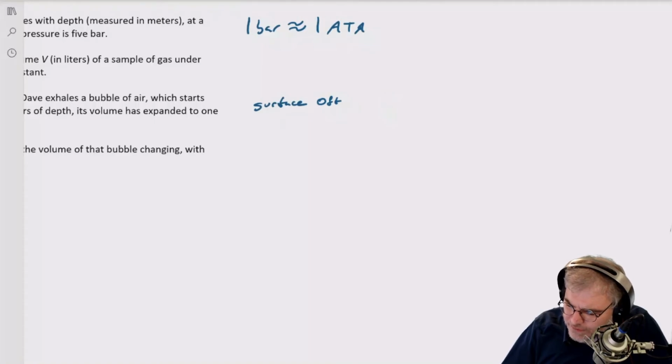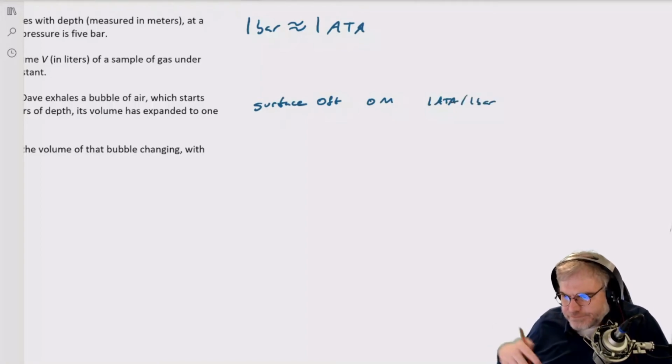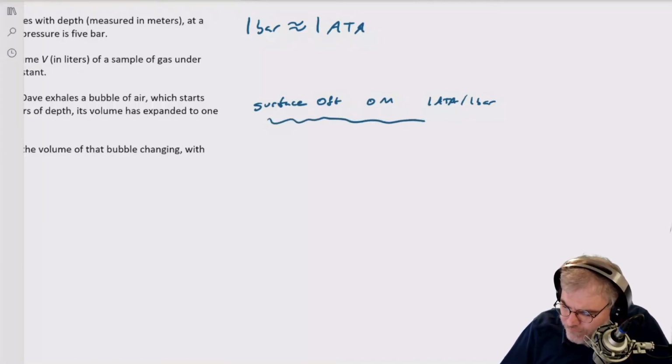So at 0 feet or 0 meters, it's 1 ATA, or otherwise known as 1 bar. This is, you know, approximate. Now I go below the surface. I go to 33 feet or 10 meters. And my new pressure is 2 ATA or 2 bar.